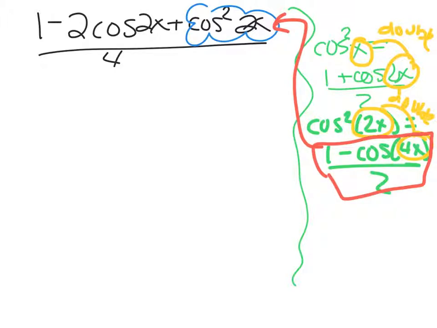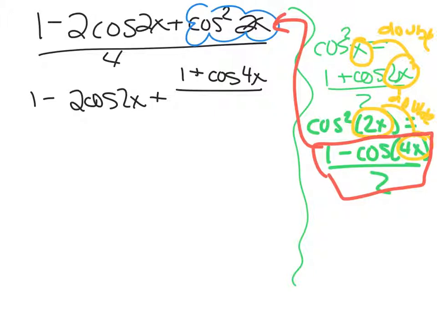Okay, let's go back to the black. So 1 minus 2 cosine 2x plus that 1 plus cosine 4x over 2, over 4. And so since I have fractions within fractions, I want to get rid of this 2.